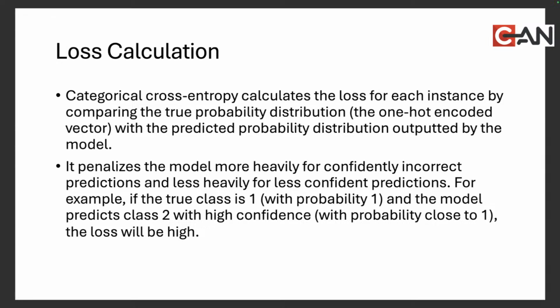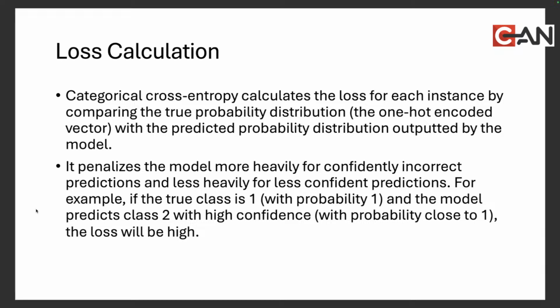Just like our typical binary log loss function, it penalizes for confidently incorrect predictions. So when the model says, hey, I'm really, really sure that it is of this class, and the probability is 0.9 or 0.8, that gets penalized really heavily if it's incorrect, as opposed to it saying, hey, with 0.6 or 0.55 probability that it belongs to a given class, that gets penalized to a much smaller degree.